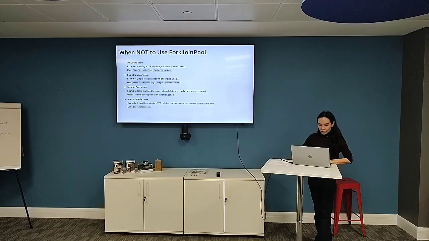Basically, the Fork Join Pool won't work well with IO-bound tasks like handling HTTP requests or database queries, short duration tasks like emitting a log, or tasks which are required to modify shared state. Also not splittable tasks.